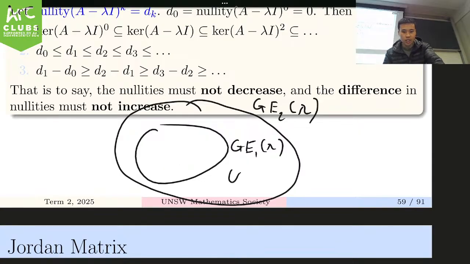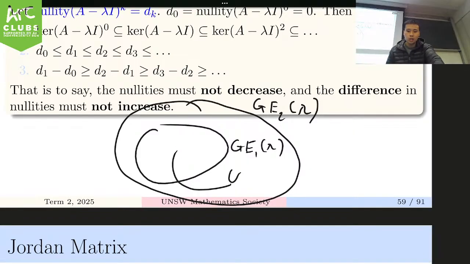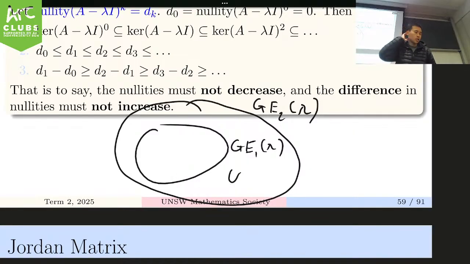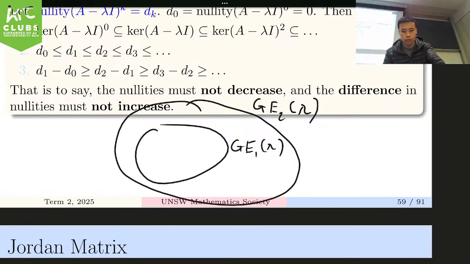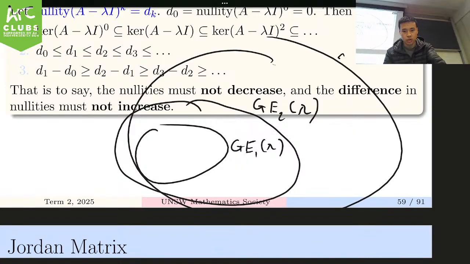But if I get a vector from GE2, that may or may not be in GE1. I'll go back to this when I'm talking about the Jordan chain. Maybe one more time, GE3 or something. Every time I power it, I'm farming more generalized eigenvectors.